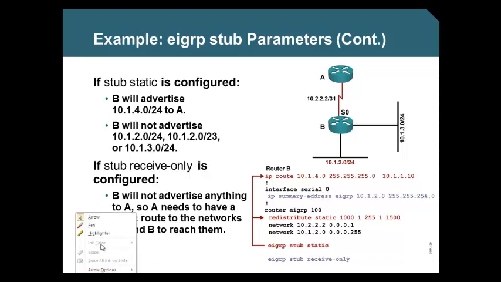A feature called redistribution. We have redistributed static, and this is the static route. And when we say EIGRP stub static, because the static route is also redistributed, EIGRP will advertise only that static route. These things that you have configured are of no use. It won't advertise them because they are connected. We mentioned only stub static.